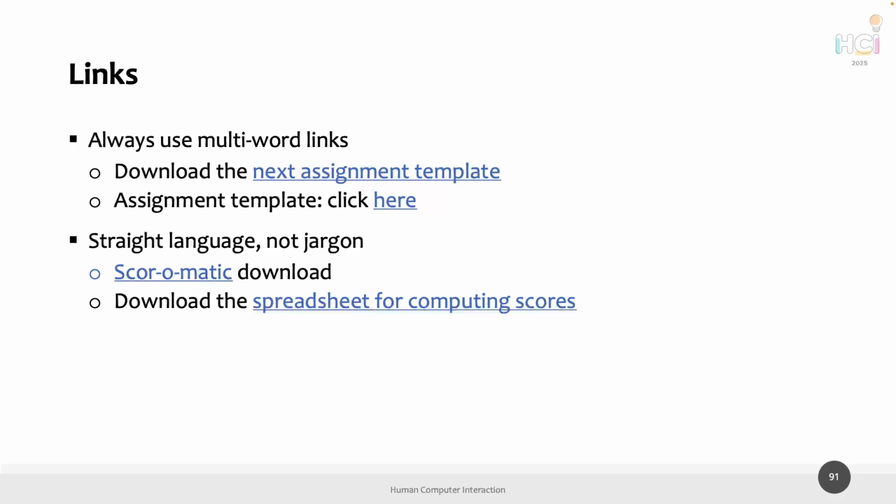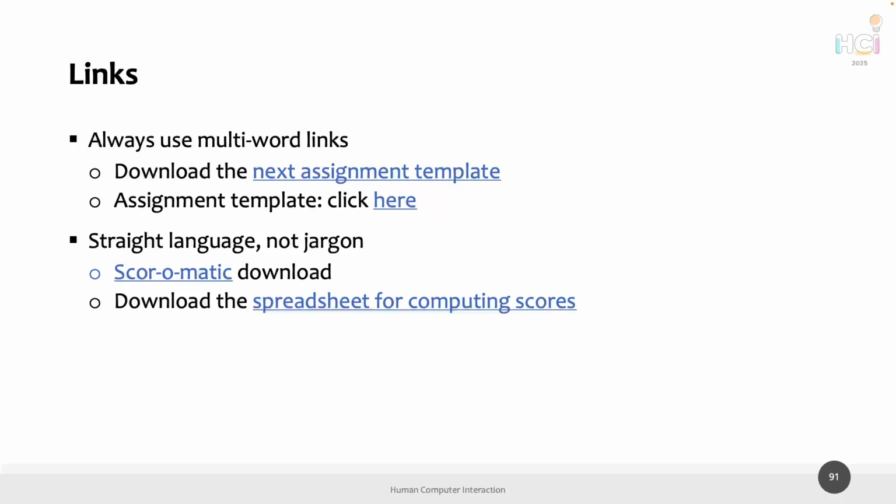In terms of links instead, one of the main elements related to navigation, try to use multi-word links, especially on the web. There is an accessibility guideline that says that the link should self-describe the content behind it.